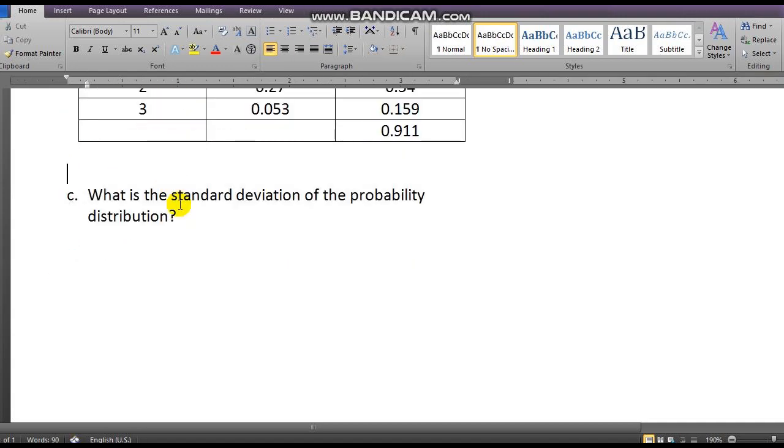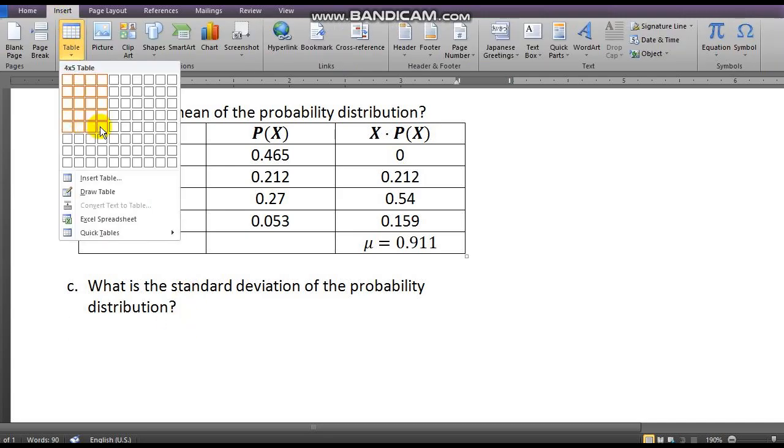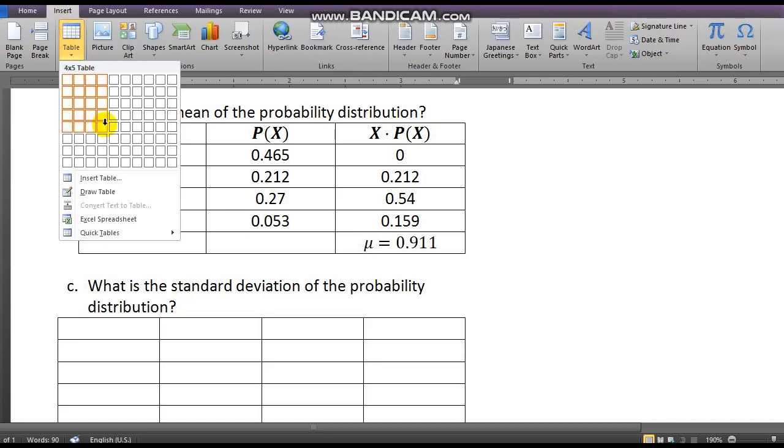So what is the standard deviation of the probability distribution? Let's remember that the mean, represented by the Greek letter mu, is equal to 0.911. Let's insert 4 rows here.